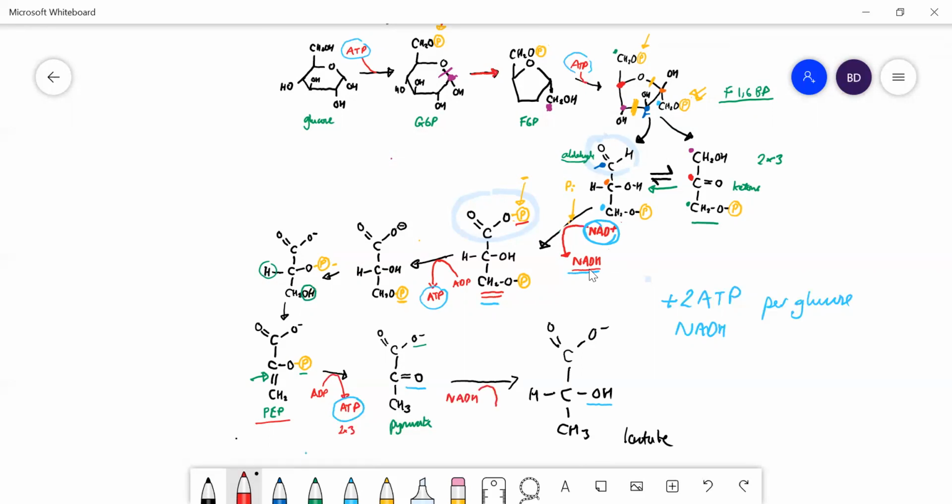And that will be turned back into NAD+. So that's what happens in anaerobic respiration. Of course, in aerobic respiration, you don't waste the NADH. It will go into the mitochondria, where it will be oxidized by oxygen ultimately, and you will get some more ATP made.